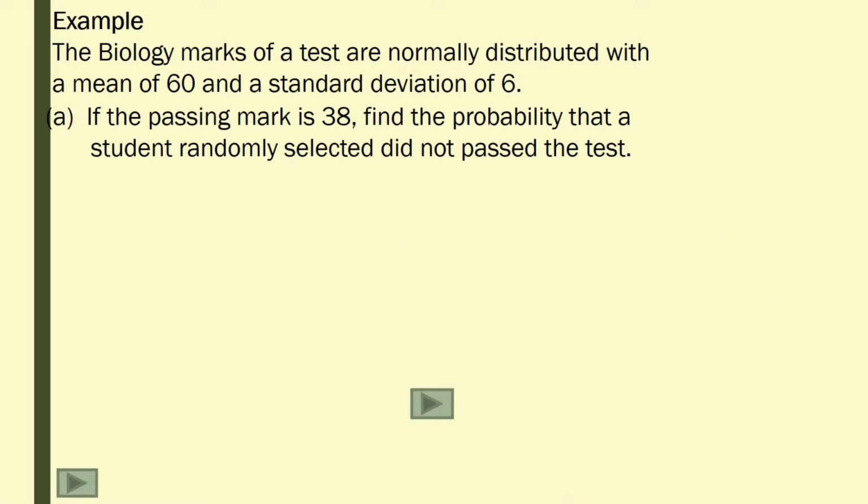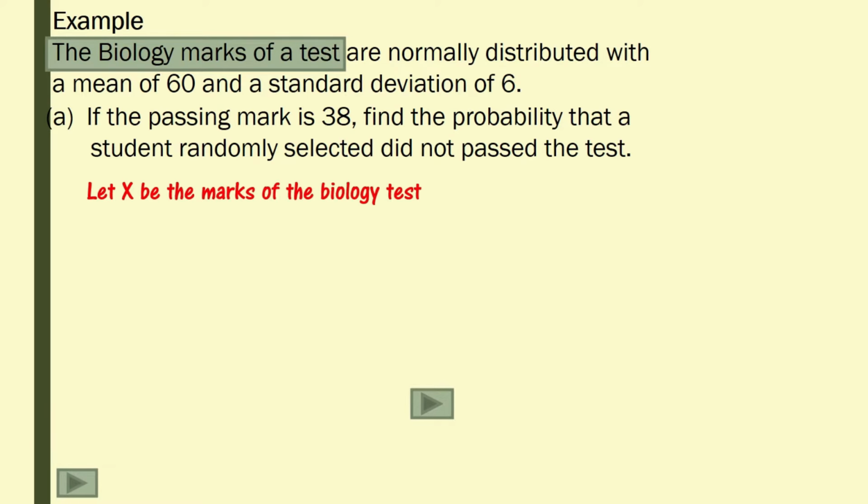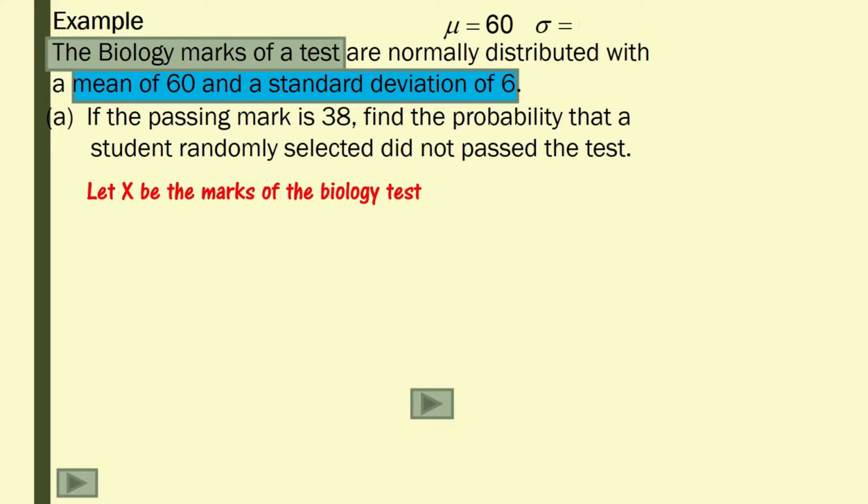First we must describe what X is. For this question, X is the mark of the biology test, normally distributed with mean 60 and a standard deviation of 6, so mu equals 60 and standard deviation equals 6.